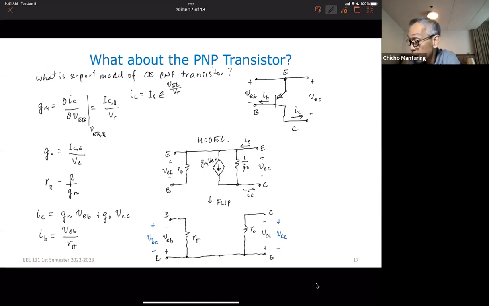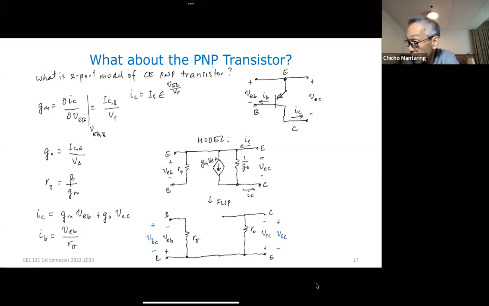Okay. Now let's take a look at this. This will become like that, where this is GM VEB. What if I make this VBE?